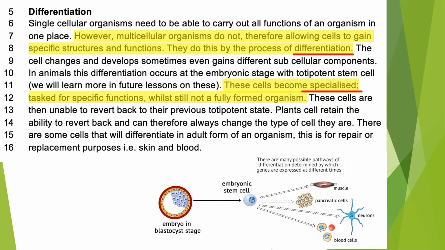But as long as you understand that in animals there is what's called an embryonic stage. And an embryo, as you know, is the first stage of forming a baby or a child or offspring. So in that embryo, while the child is developing, they're going to have a bunch of these stem cells that are replicating and duplicating.